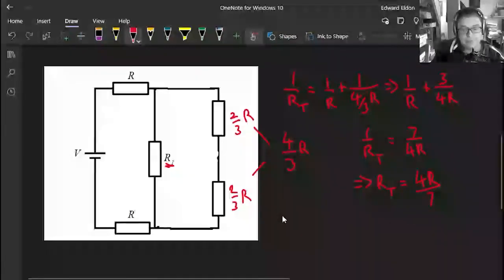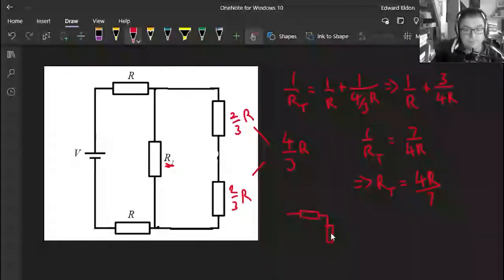And that leaves us with a much simpler circuit, which is just three resistors in series. These two are both R, and this one is 4R over 7. So if we add those together, we have R plus R, it's not too difficult this bit, plus 4R over 7.